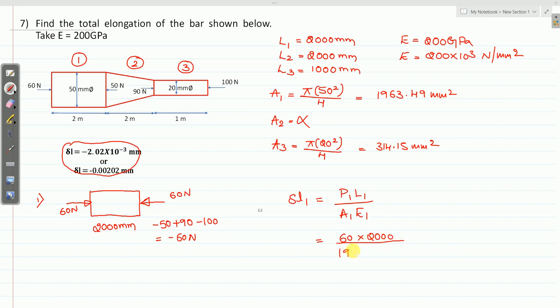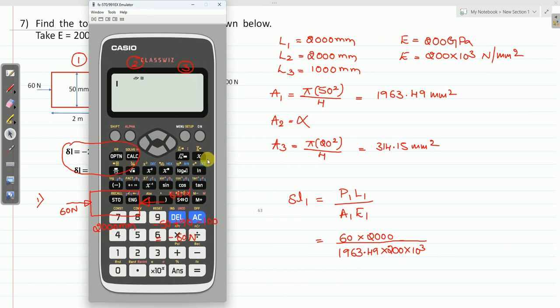Already you know the area 1963.49 and your Young's modulus, 200 into 10 raised to 3. The Young's modulus is common for all the three sections. Let me use the calculator. So 60 into 2000 divided by 1963.49 into 200 into 10 raised to 3.